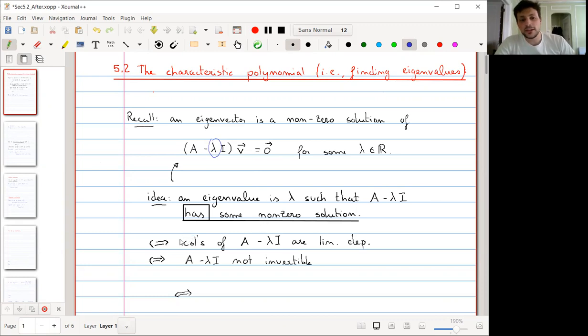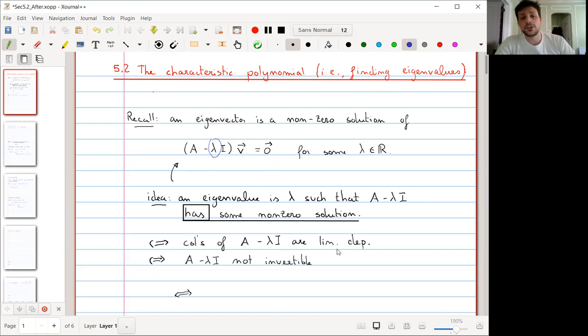We have seen in the past that requiring that a homogeneous linear system has a non-zero solution is the same as requiring that the columns of the matrix of the system, A minus lambda I, are linearly dependent.